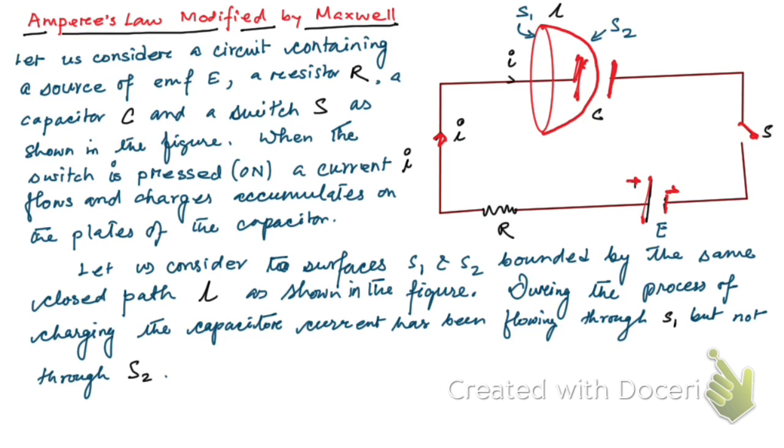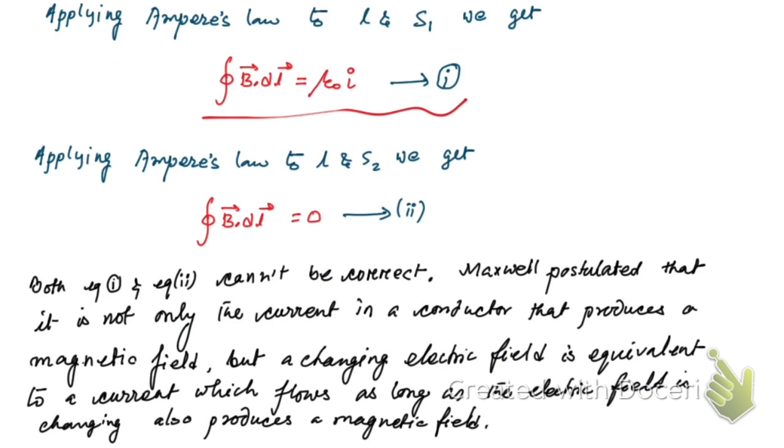C is the capacitance of the capacitor actually. So here you see, if you apply Ampere's law on the surface S1, the relation between the magnetic field and the current through it, because current I is passing through this, is given by equation number 1.